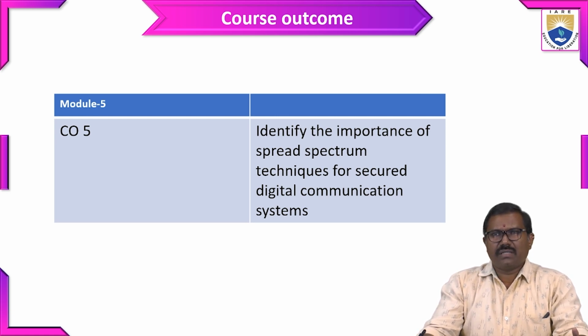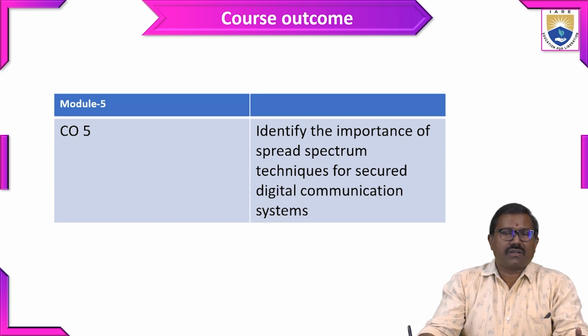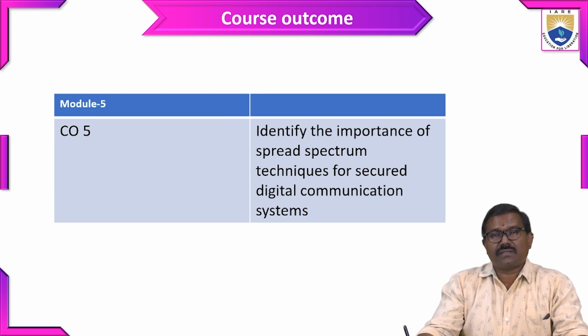Our aim here is providing secure communication. Earlier, digital communication was used for bandwidth and data rate, and we discussed how the spectrum is utilized and what techniques utilize it. But here we are going to provide secure communication.